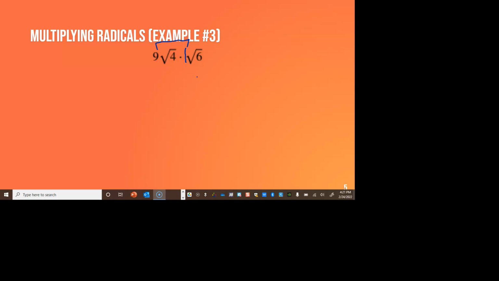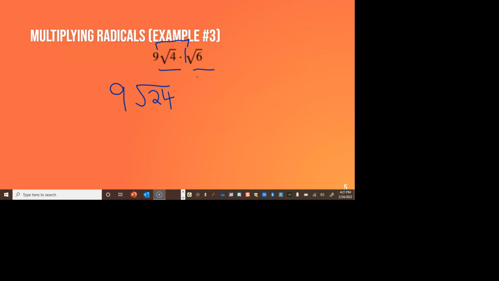If there's nothing in front of the radical, that number is 1. So 9 times 1 is 9. And then for 4 and 6, you multiply radical 4 times radical 6. That's radical 24. So just remember there's a 1 there.